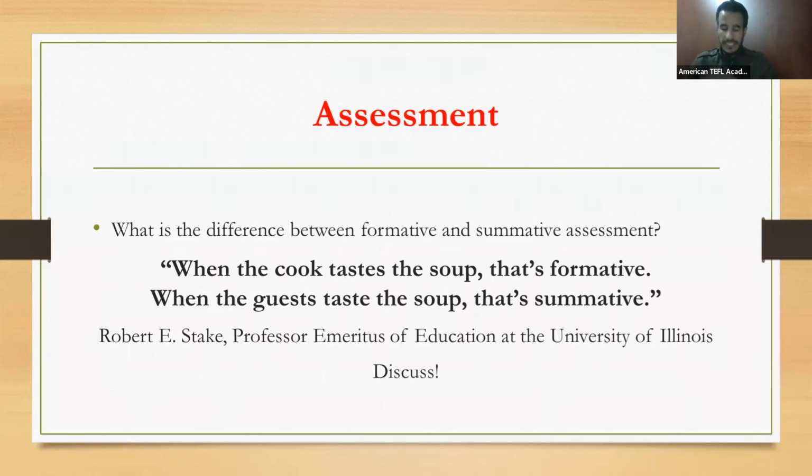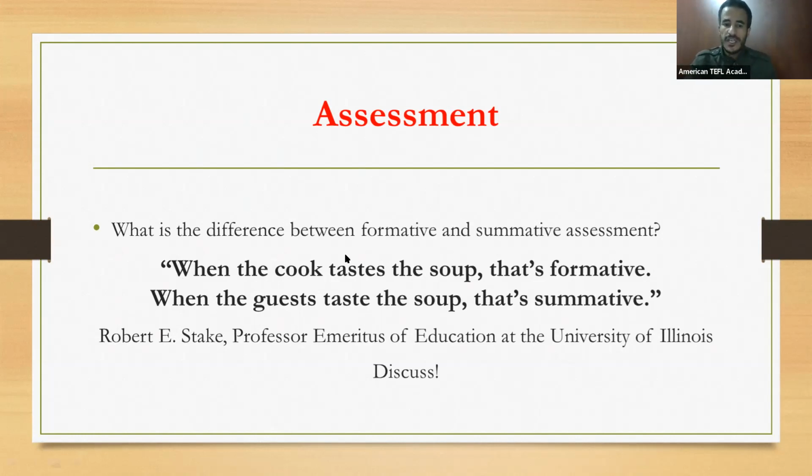So remember, please, when we talk about assessment, evaluation, testing in general, there are two major types. I repeat, there are two major types. Number one is formative, and number two is summative assessment. So we are going to see.